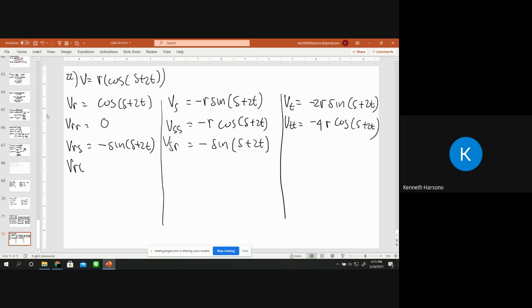And V_rt, the same with the previous one, so minus 2 sin(s plus 2t). Same here, eliminate the r from this one, so minus 2 sin(s plus 2t).